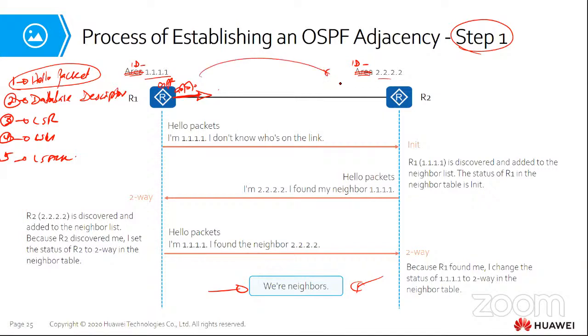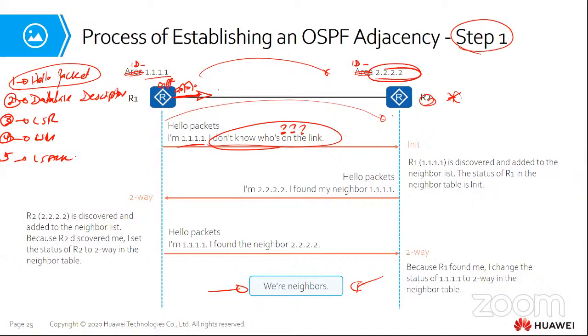Says, hello, I am 1.1.1.1. I'm not sure who you are, but I'm told you also speak OSPF. Now, when a router receives a hello packet from another router, and that hello packet, as you can see, does not contain the recipient's router ID. Is that clear?